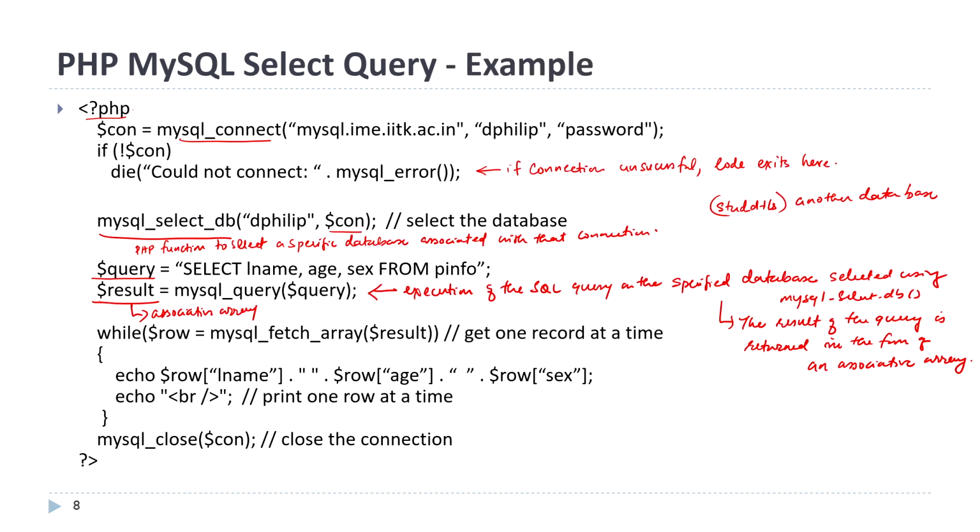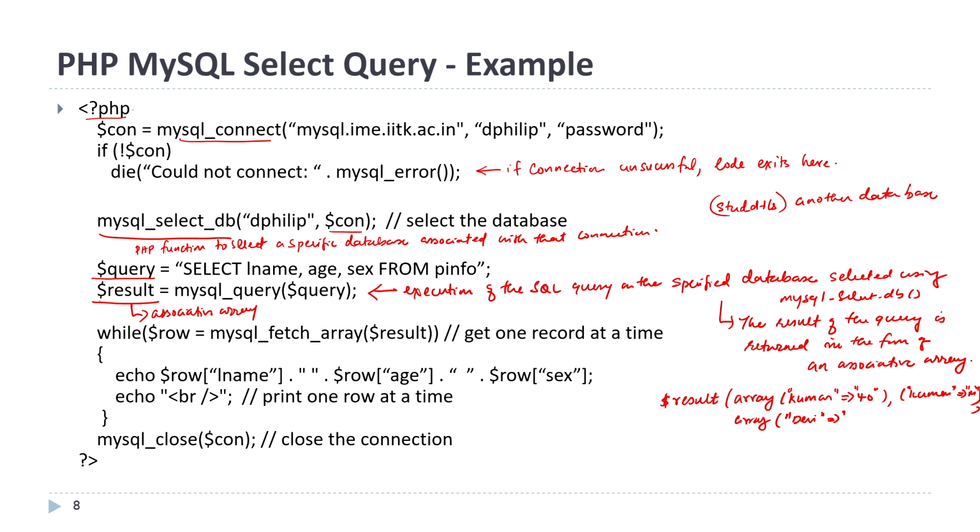The associative array will create something like dollar result array, okay, array, you have Kumar, 40, Kumar, male M, like this, and then another array, next one will be Devi, something like this. So, it will store in the form of an associative array.